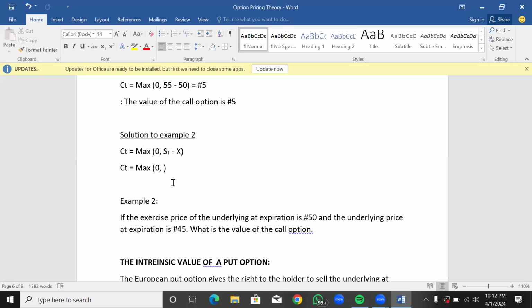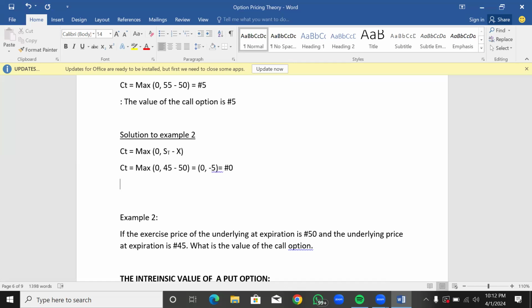So what is my stock price? 45, and your strike price is 50. 45 minus 50, so I have minus 5, but you're going to pick 0. Therefore, CT equals 0 naira.